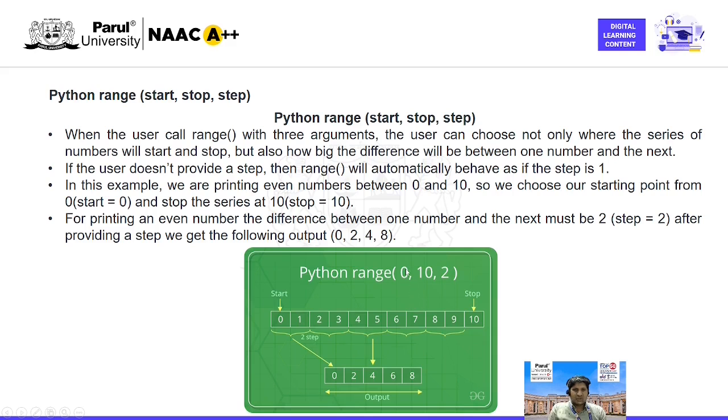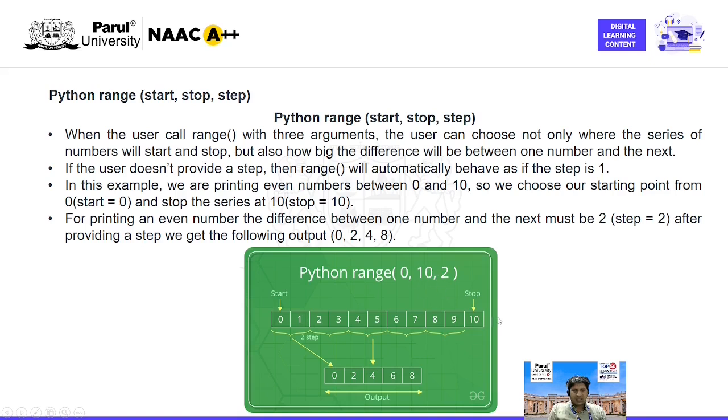The first value is 0, 0 plus 2 is the next value, 2 plus 2 is the next value, 4 plus 2 is the next value, 6 plus 2 is the next value, and 8 plus 2 is the next value.